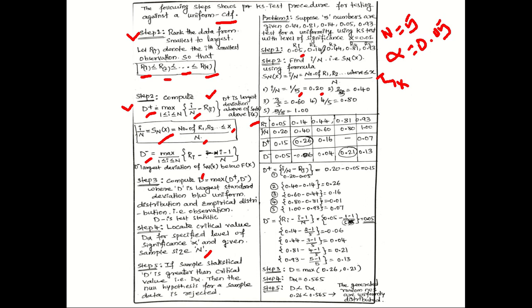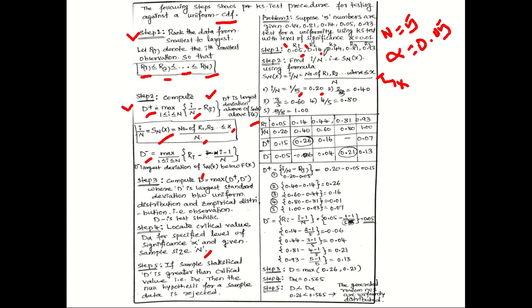So we consider the second number, 0.14, and identify how many random numbers are less than or equal to 0.14. Total 2 numbers: one is less than, and the other is not less than but equal to 0.14. All the other numbers are greater than 0.14.